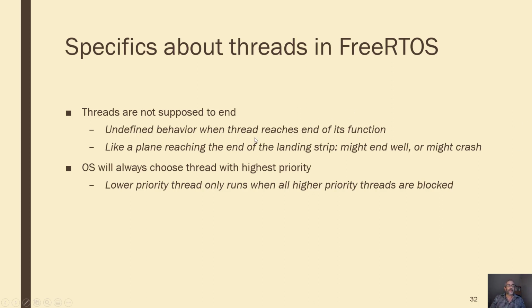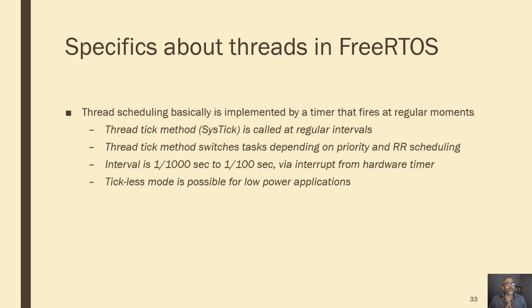As I already mentioned, but I'm going to stress it again, the operating system FreeRTOS will always choose the thread with the highest priority to run, and lower priority threads only run when there are no more available higher priority threads, when all the higher priority threads are blocked. How is the scheduling implemented?